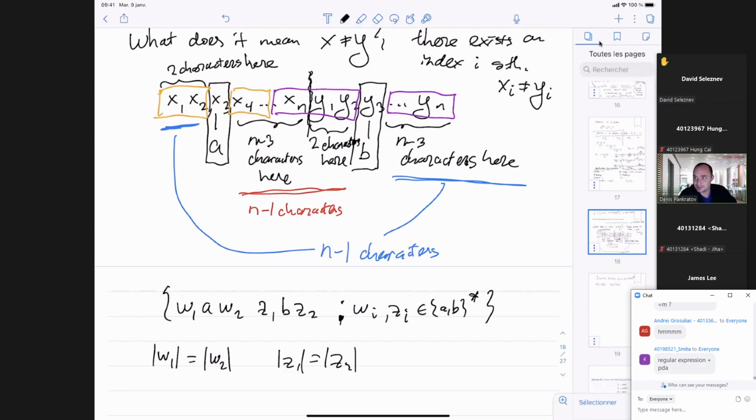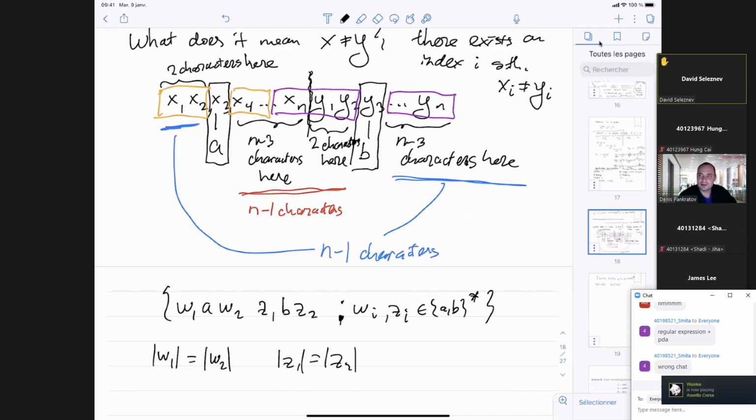Yeah, there is a question. In the case you showed now, where the length of W1 and W2 and Z1 and Z2 are even or the same, doesn't that limit the possible? No, I'm just having a hard time picturing it. Why is it specifically that it's not W1 is equal to Z1 and W2 is equal to Z2 versus W1 to W2?